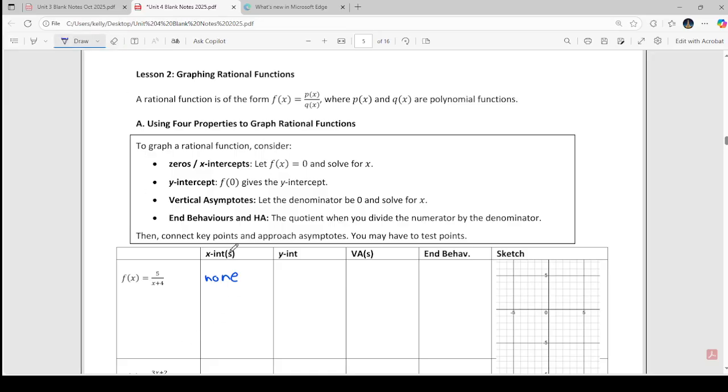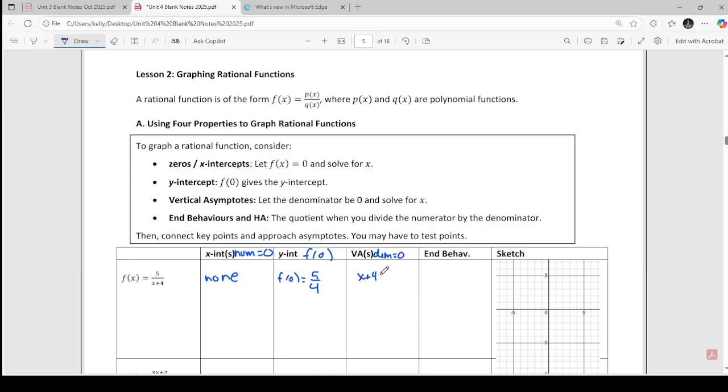So to find the x-intercepts, you will look at when your numerator equals 0. Your y-intercept is found by plugging in 0 for x. So f of 0 will be 5 over 4. There's our y-intercept. The VAs come from when your denominator is equal to 0.